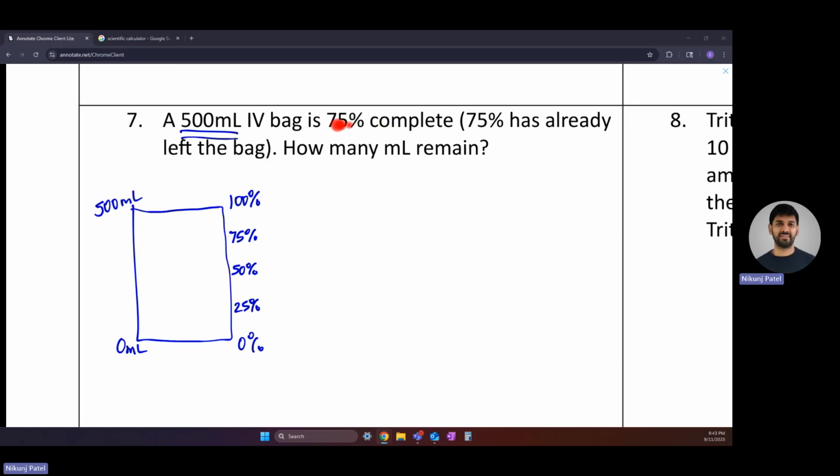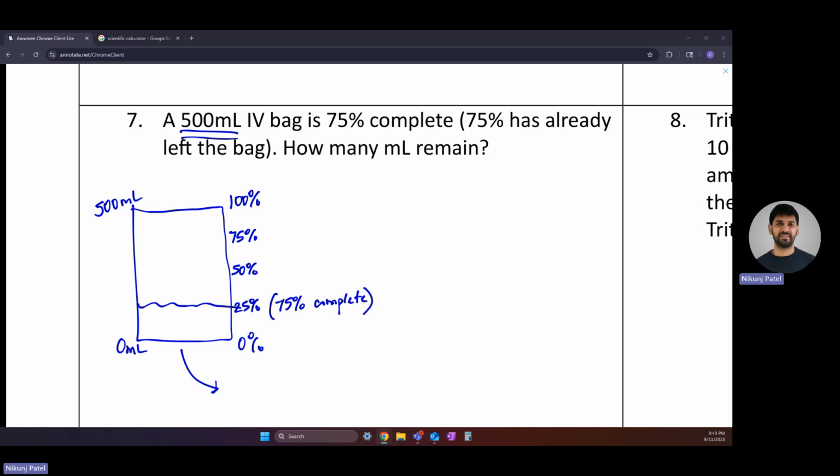Don't get this mixed up. 75% complete means that 75% has left the bag. So what's the level? The level indicated here would have to be at the 25% mark, because the 75% up here has already left the bag. I'll just put a little squiggly so it looks like liquid. But 75% complete.